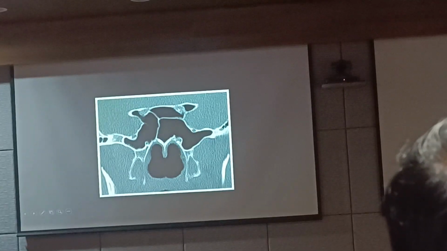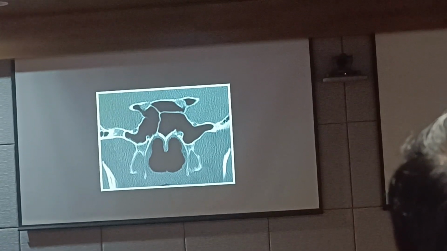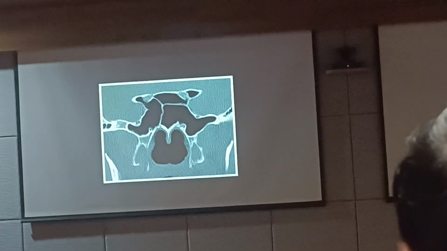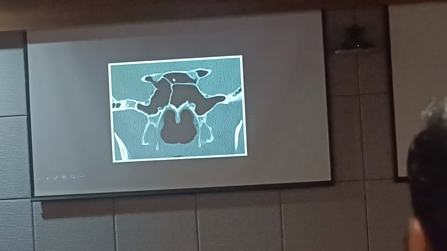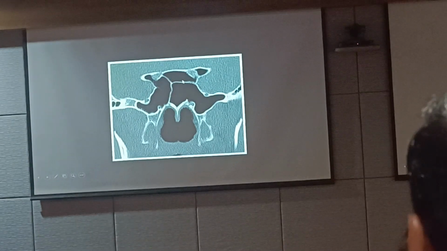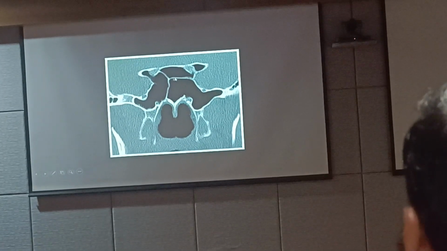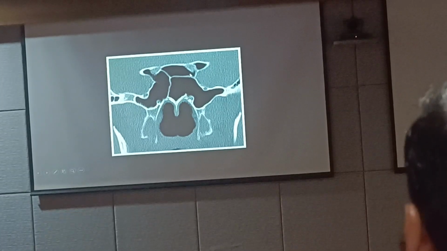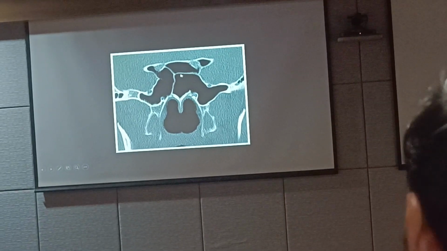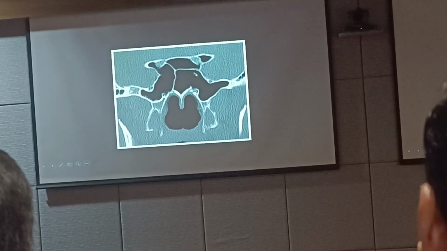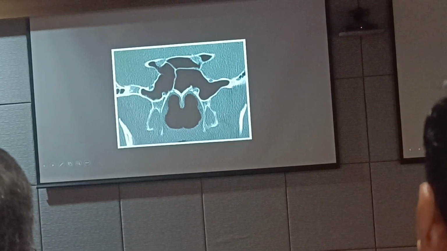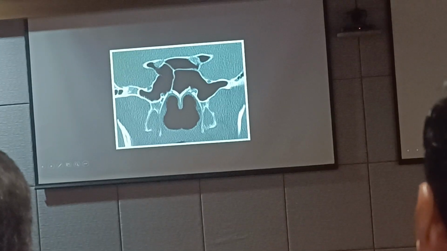So this you have to match with your axial and sagittal scans to say this is an Onodi cell. Got it? So just seeing this is not good enough. This could be just a septation in the sphenoid, but this should give you an idea. Yes, probably this is an Onodi cell. So when you're seeing your coronals and you see this horizontal septation, understand that this could be your sphenoid sinus, but this could be your posterior ethmoidal sinus itself, and this is your full sphenoid sinus, you can see.